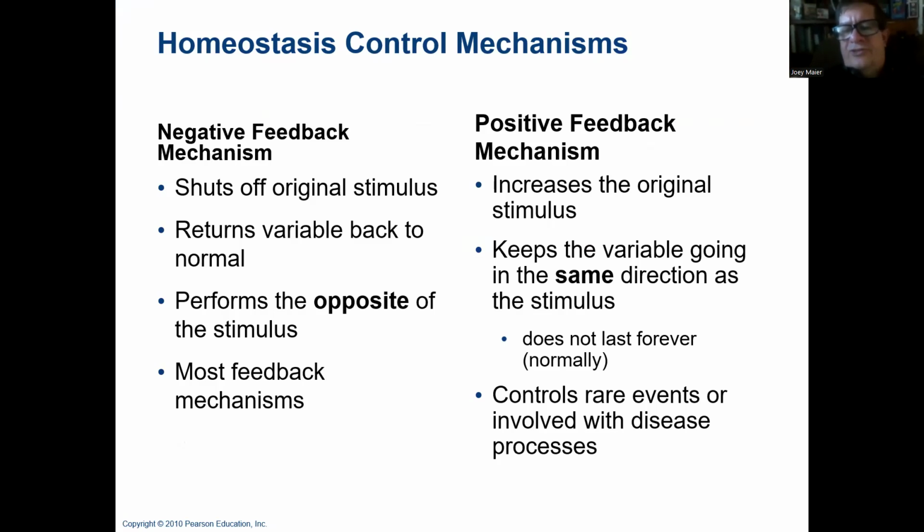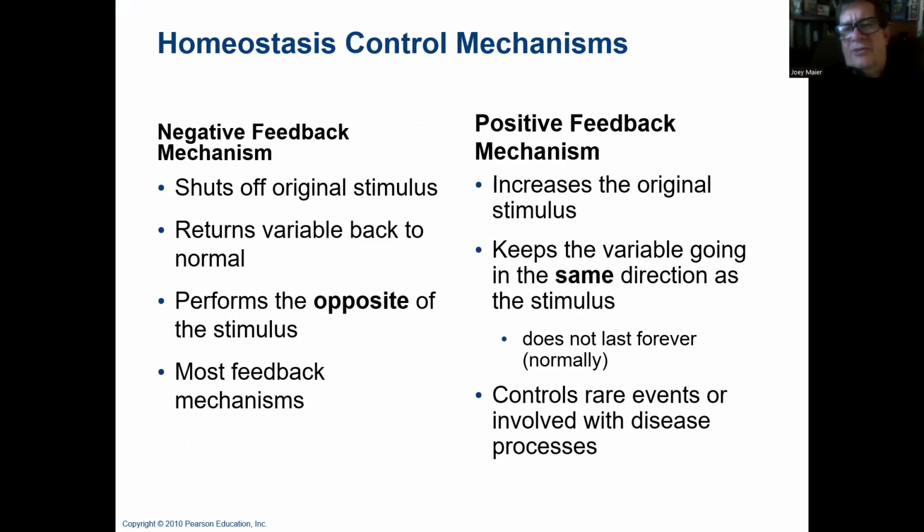In those, the original stimulus comes in and causes something to happen, but that causes more stimulus, which causes more of a change. Let me give you an example. Say we're talking about birth. Like in the hospital, if they want to induce labor, they'll give you a little bit of Pitocin, which is synthetic oxytocin.